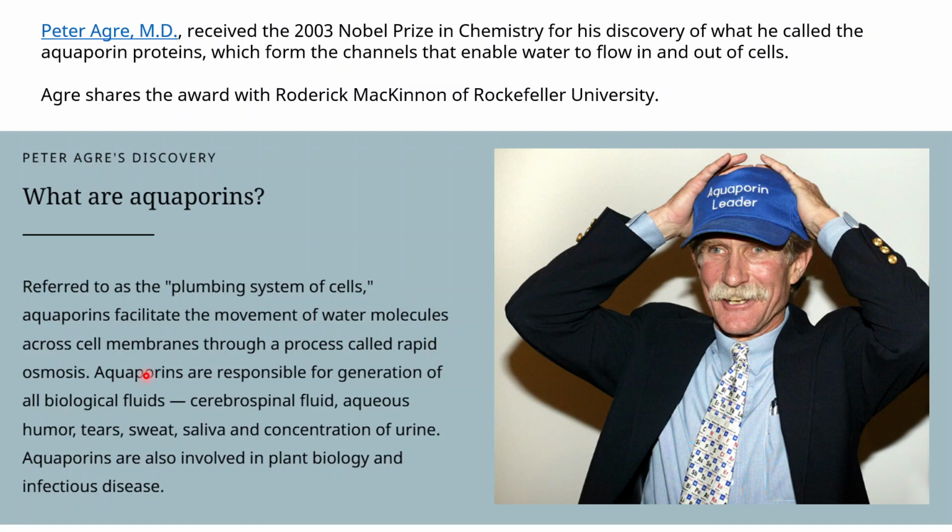Because they facilitate the correct movement of water via osmosis, and they're very important in generating all these different biological fluids. So we are just talking about urine concentration, but also we saw how they're important for saliva, sweat, tears, humor, CSF, cerebrospinal fluid, essentially, right?